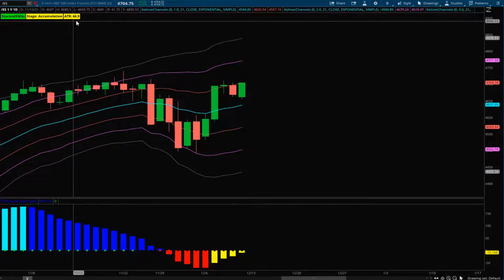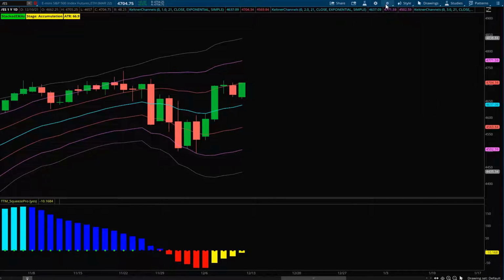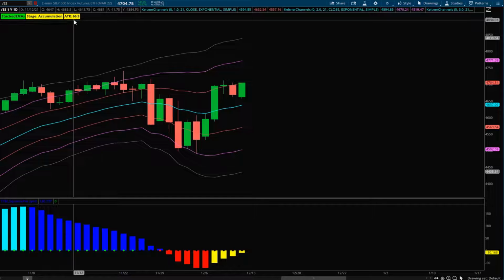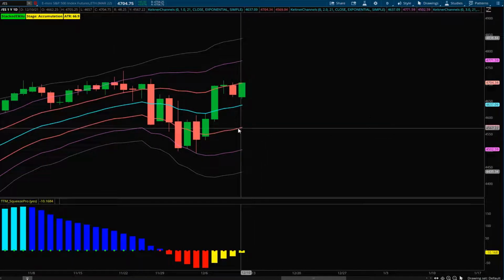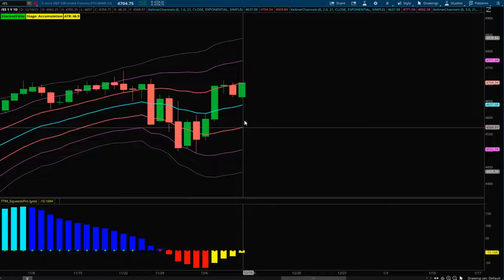So I have this little script showing me what 1 ATR on the daily time frame, for this ES futures here, will move on average in a day, and that is 66.9. So what that means is this -1 ATR is roughly 66.9 points away from this mean here.